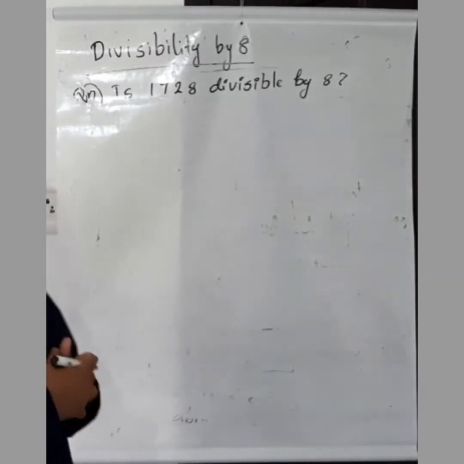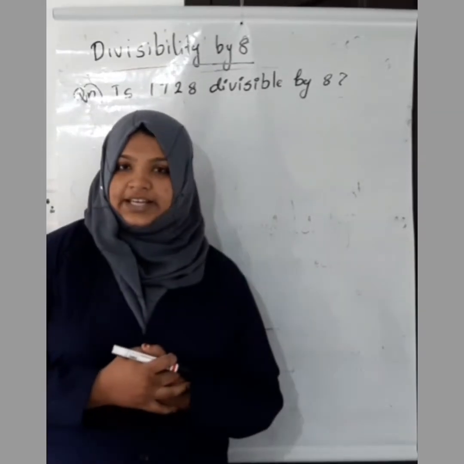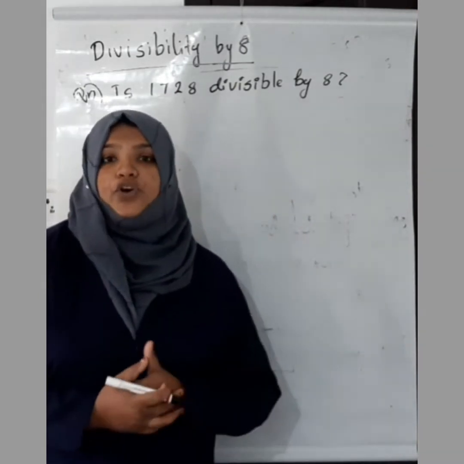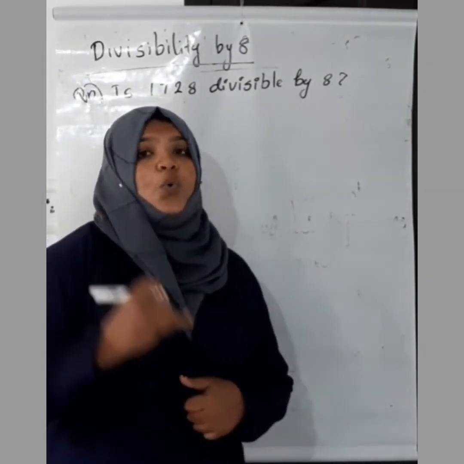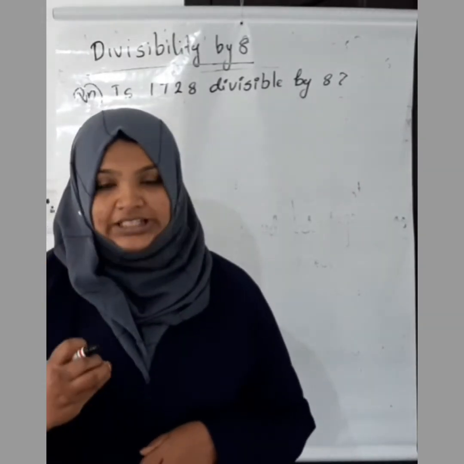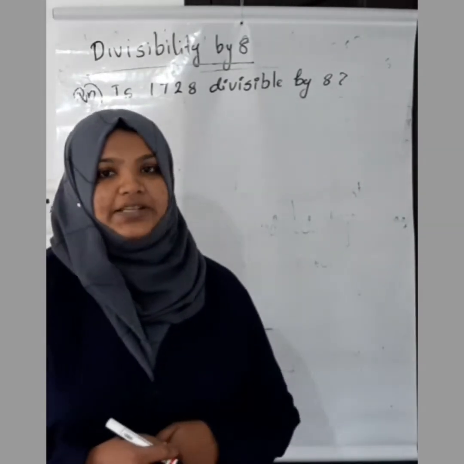So what is the divisibility test for 8? Yes, if the number formed by the last 3 digits, the digits from the places of ones, tens and hundreds, is divisible by 8, then the given number is also divisible by 8.